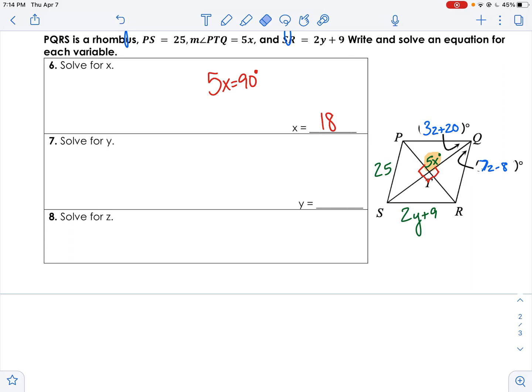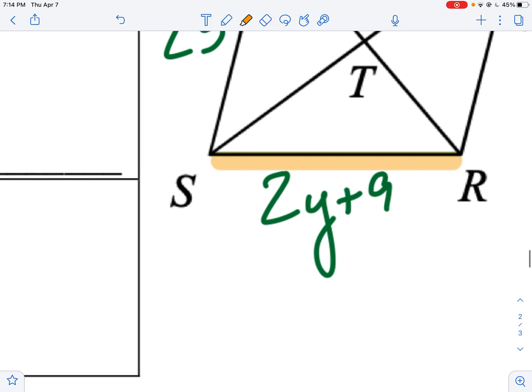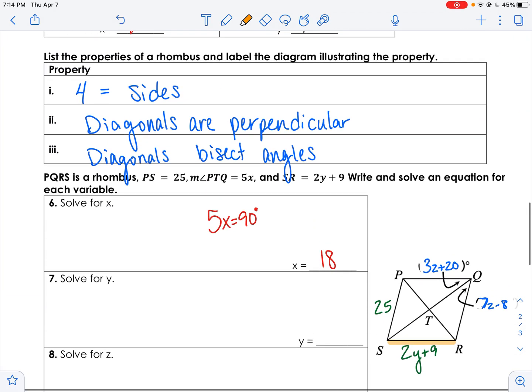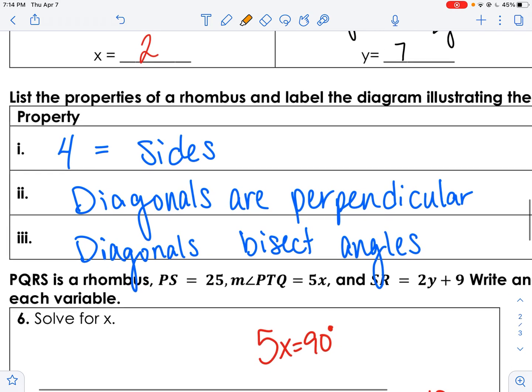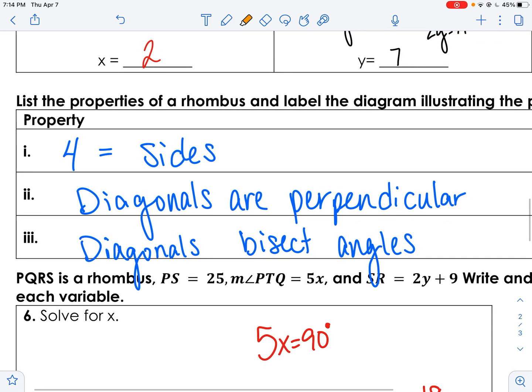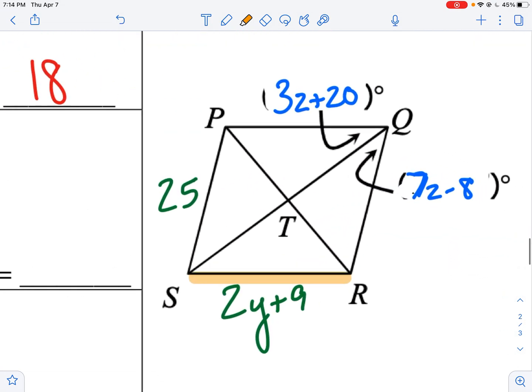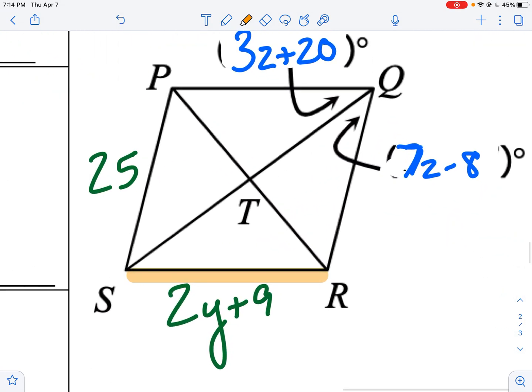Solving for y, let me erase some of this extra stuff here. Let's focus on y. Here's y. That's the side. So SR is a side length in a rhombus. Let's go back to my properties. What do I know about a rhombus's sides? Well, all 4 sides, it says, are equal. So let's look for some other sides. I don't know what this is.